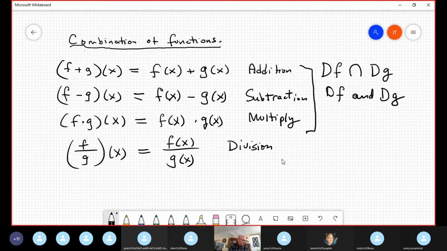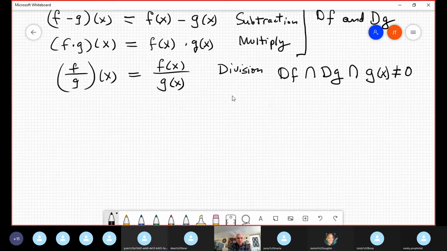And the division is a little bit more complicated, because it's the domain of f intersection the domain of g, and it's an intersection where g is not zero, sorry. Because you know it's totally illegal to divide by zero. Okay? Let's see an example. It's no big deal, it's super easy to understand that part of the combination.